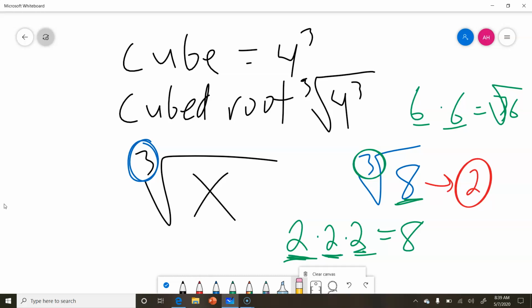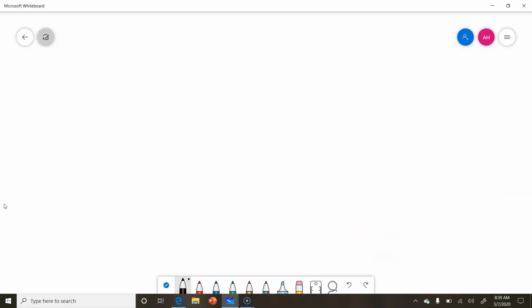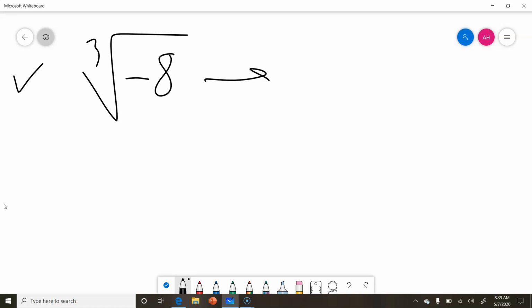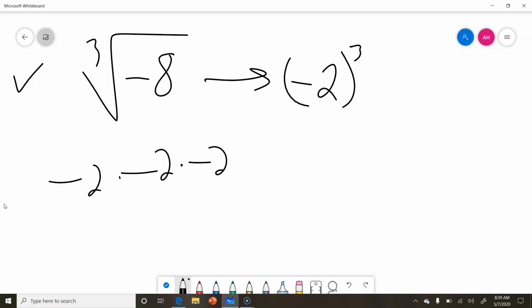Now, the really trippy part is that when you have a cube root, you can have a negative number. Remember, in the square roots, we could never have a negative number, but this is doable. Why? Because look what happens if we had negative 2 cubed: negative 2 times negative 2 times negative 2.